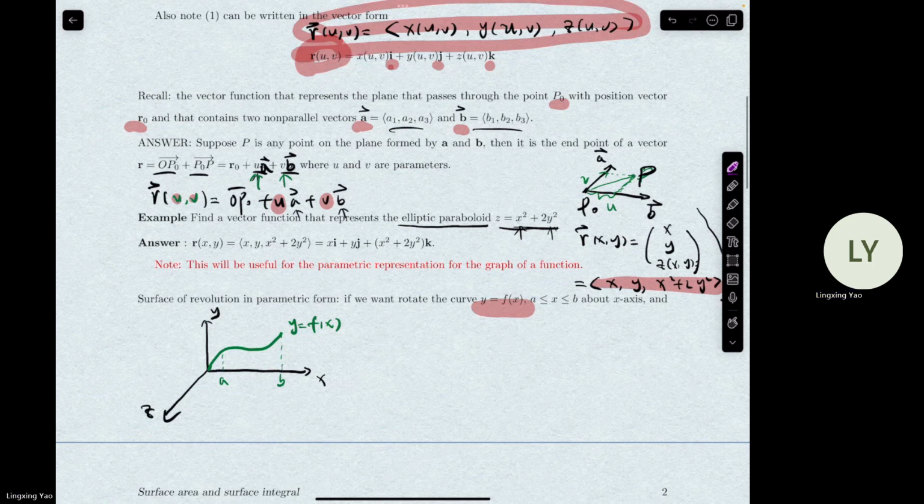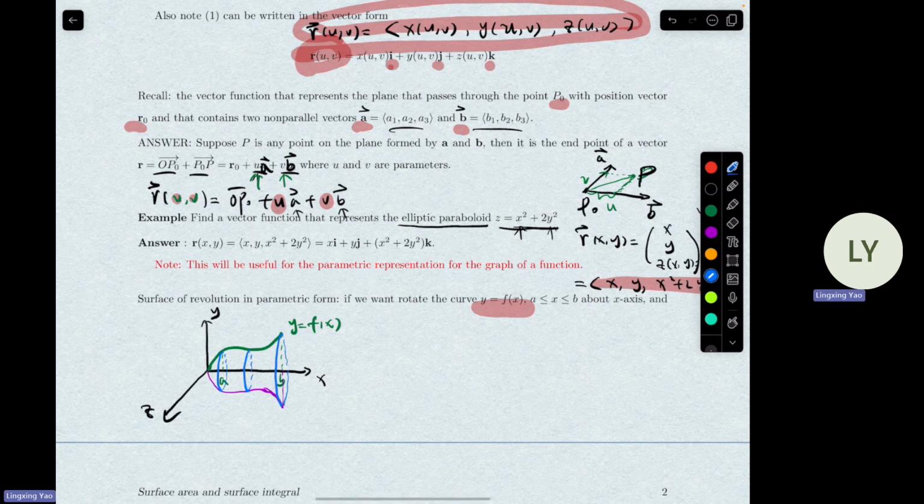Essentially, we do get something like this. This is obtained by rotation, right?